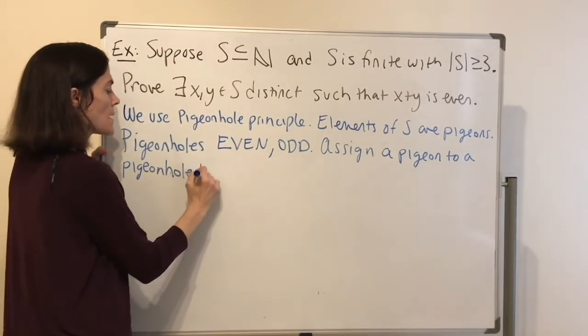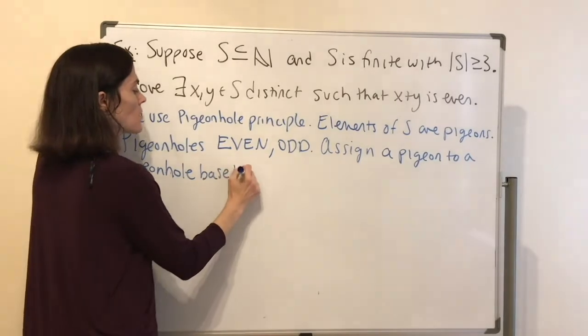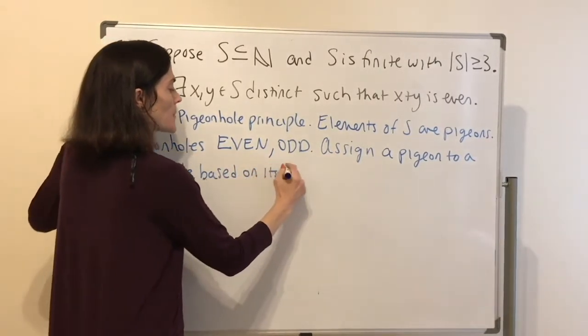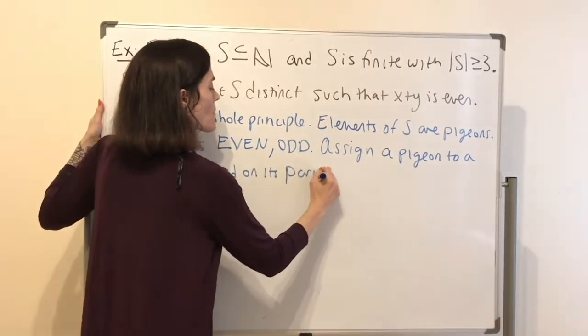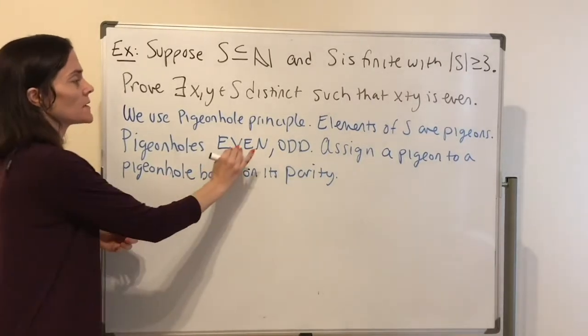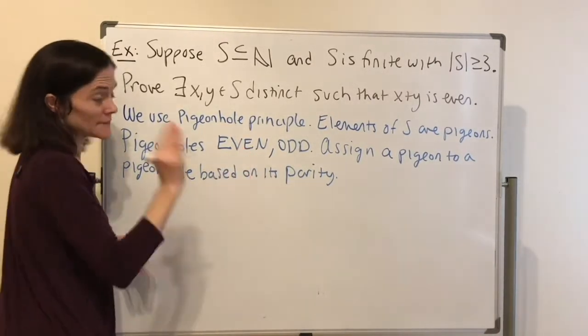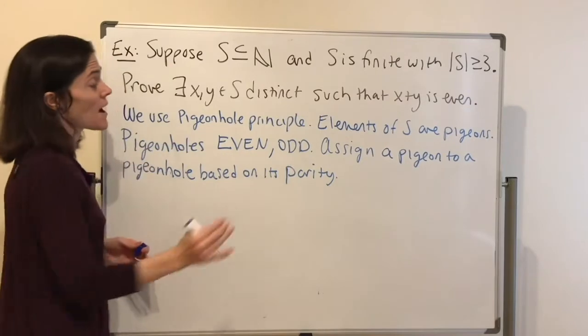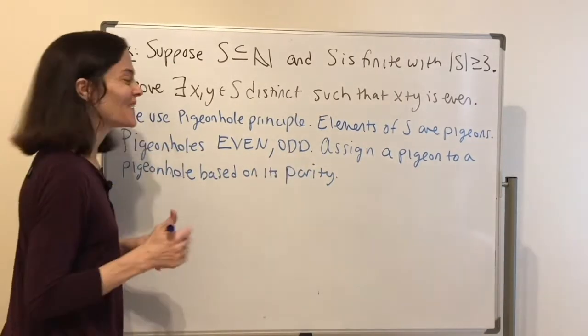So you assign the even elements of S to that pigeonhole and the odd elements of S to this pigeonhole. Okay.